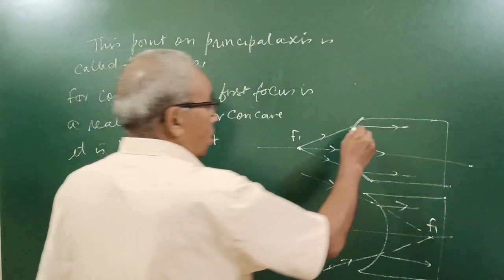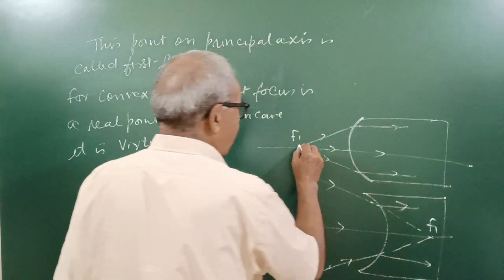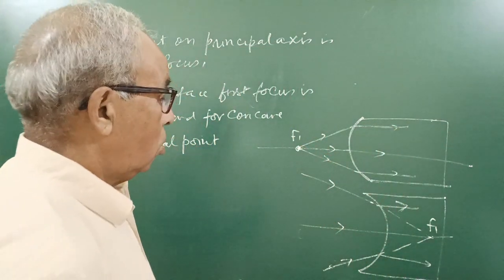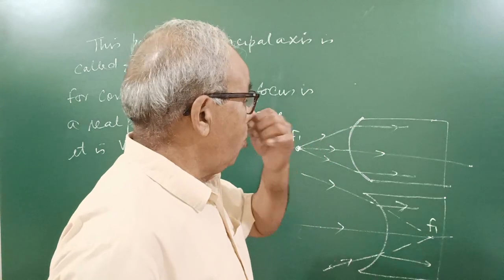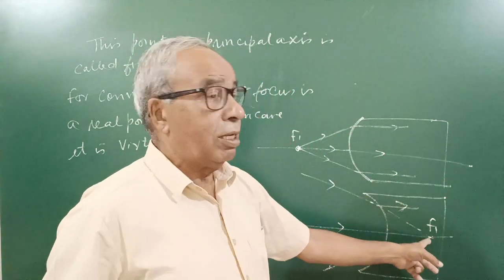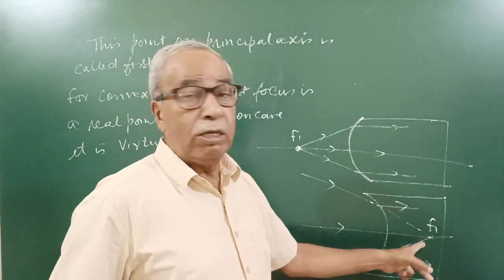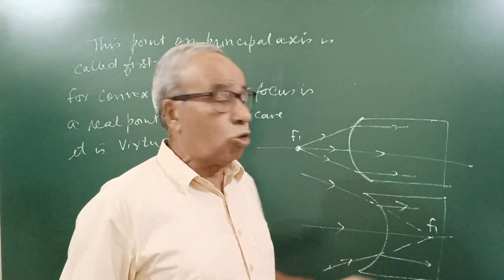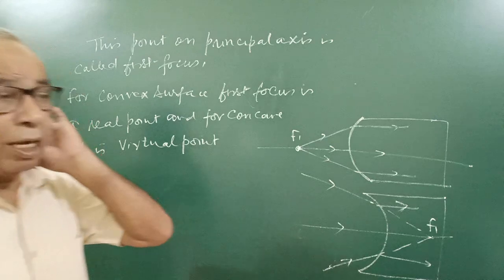So ultimately, if the object is placed at the first focus, the image will be at infinity. In this case, this point F1 is a virtual point, so if there is a virtual object at the first focus, the image is at infinity.